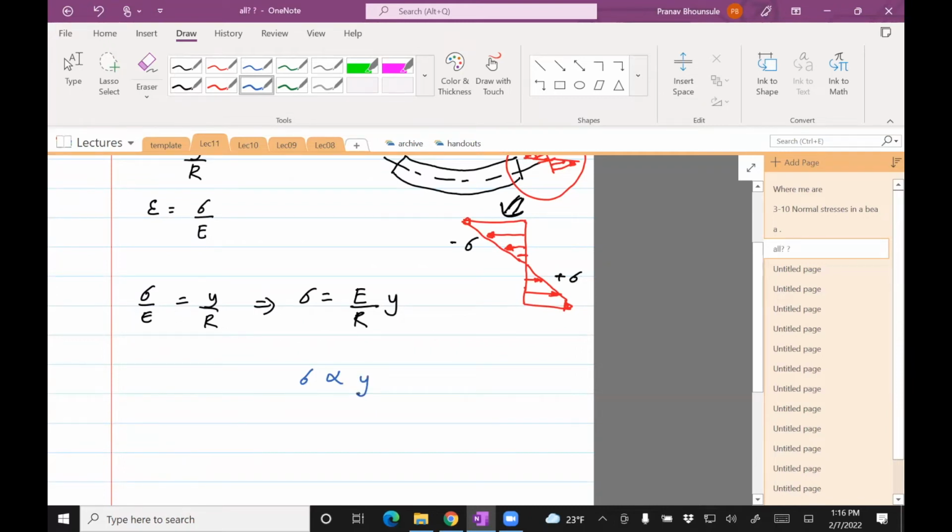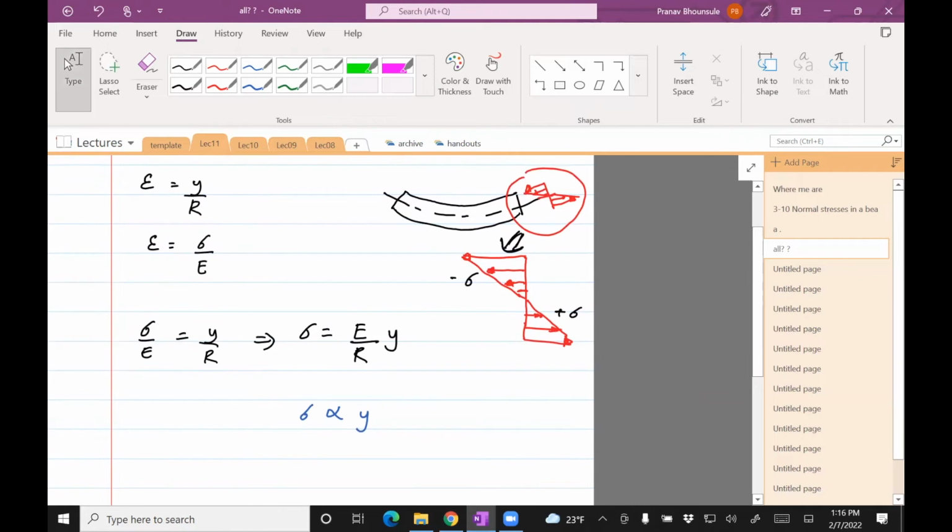In other words, the further away from the neutral axis, the stress would be greater than closer to the neutral axis. And that's why I showed this line. The stress has a bigger arrow on the top than the one which is closer to the neutral axis. So the stress increases linearly from the neutral axis.